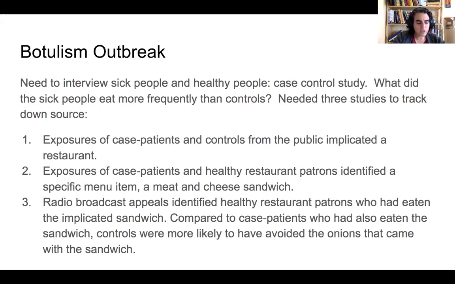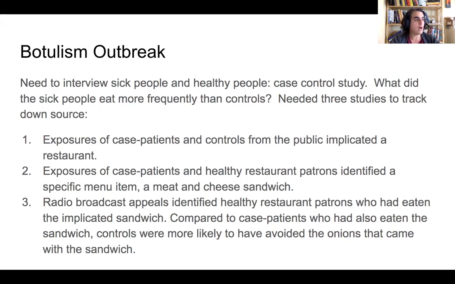When they have outbreaks caused by food that you buy in a store, as opposed to these restaurant outbreaks, these days they don't necessarily need to develop a new control group, because they have done detailed diet surveys of what people eat. So if you have a case group that's getting sick, you can look at what they ate and compare it to knowledge about baseline diet in order to look for things out of the ordinary.